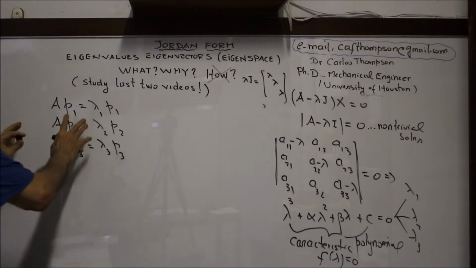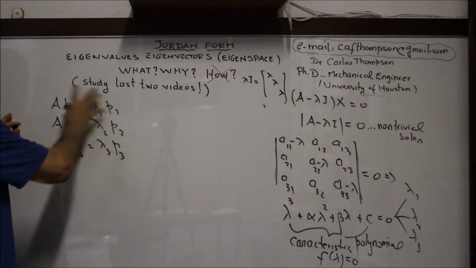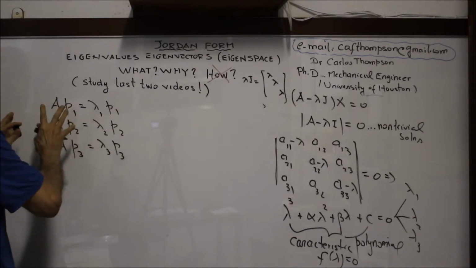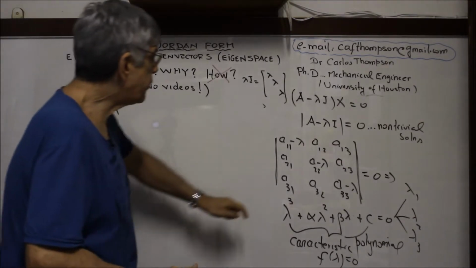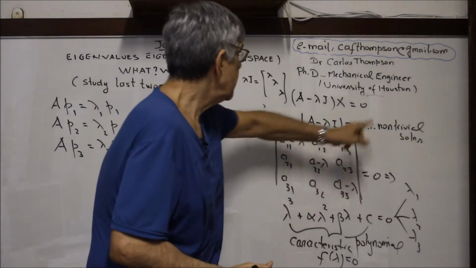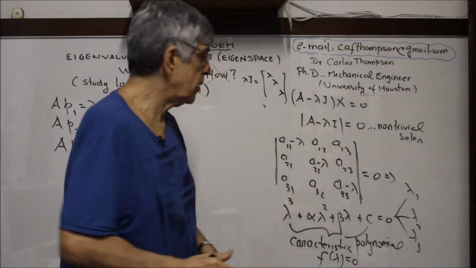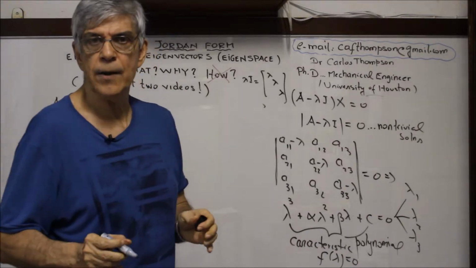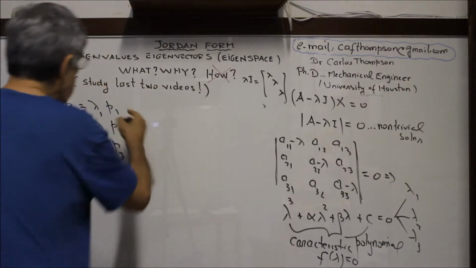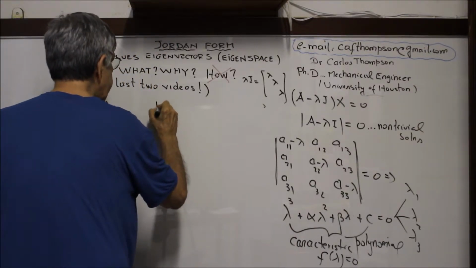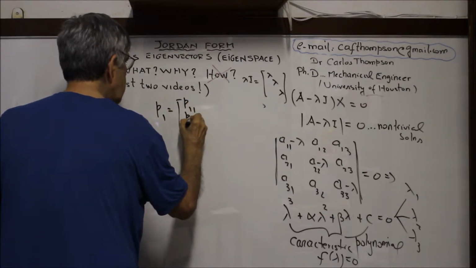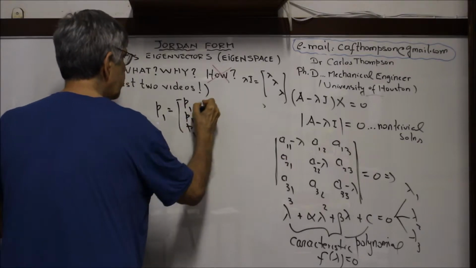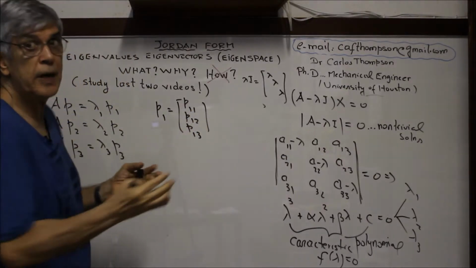Now I can look at what is happening here. P1, P2, and P3 are related to the canonical basis. If I write P1, for instance, just for you to understand, P1 is equal to P11, P12, and P13, if I have 3 by 3.